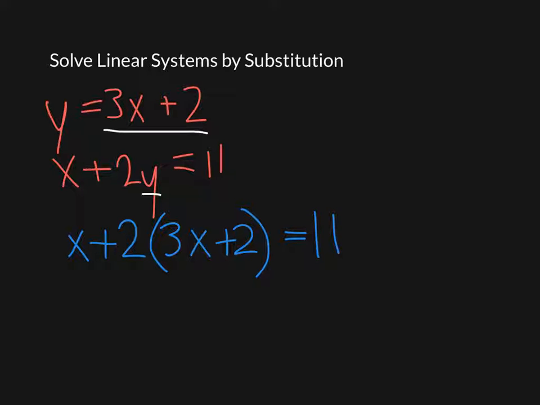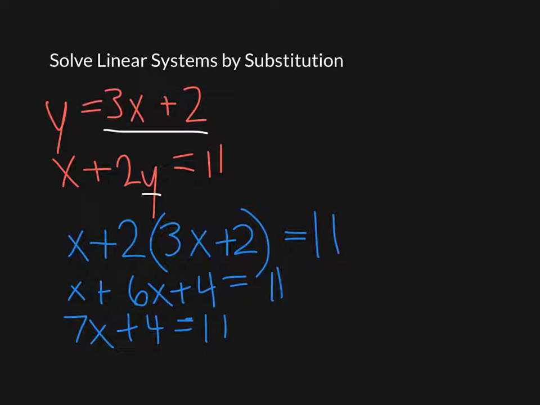So now I'm just going to simplify this whole thing. Use the distributive property. Combine terms. Subtract 4 from both sides. I end up with 7x is equal to 7.